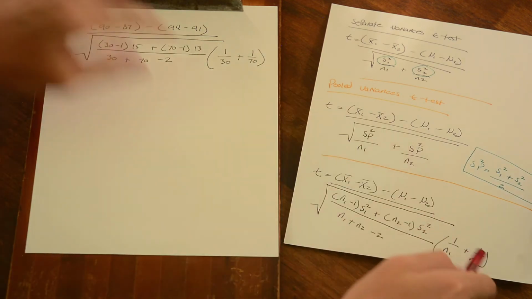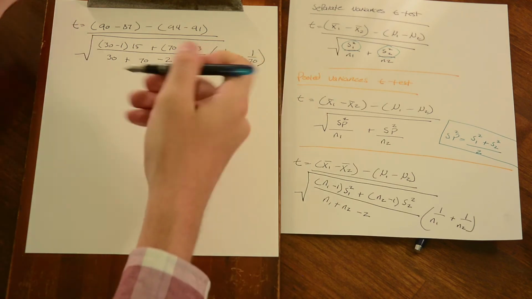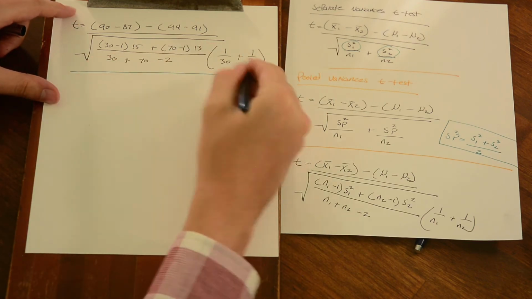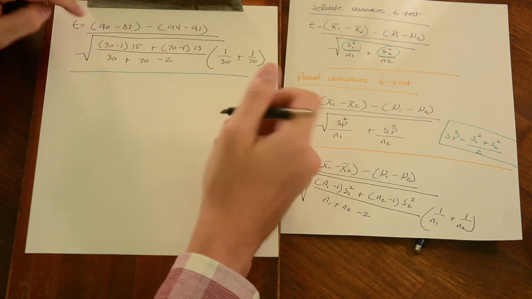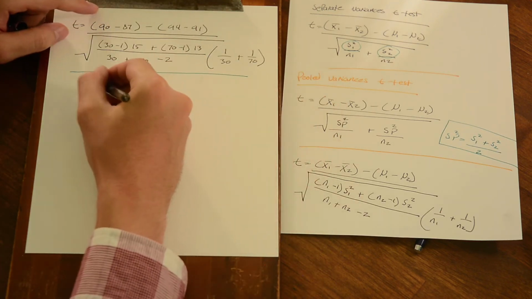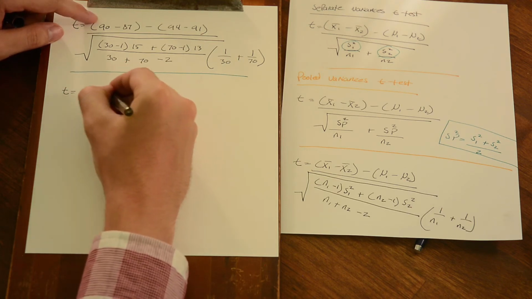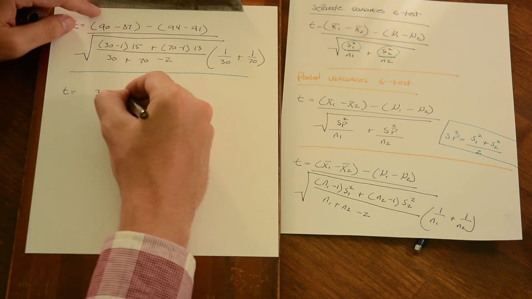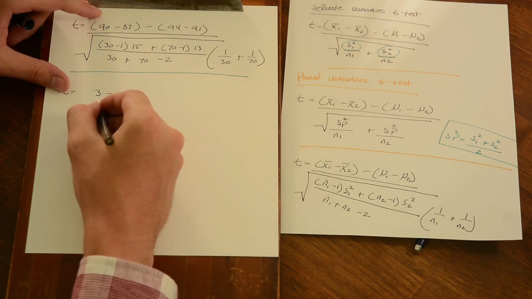So let's go ahead and find green as our bordering color here. So what is this going to look like? Well, if we just start running through our numbers, we're going to end up with t is equal to 3 minus 3. See, I've already done a pretty poor job of setting this up.